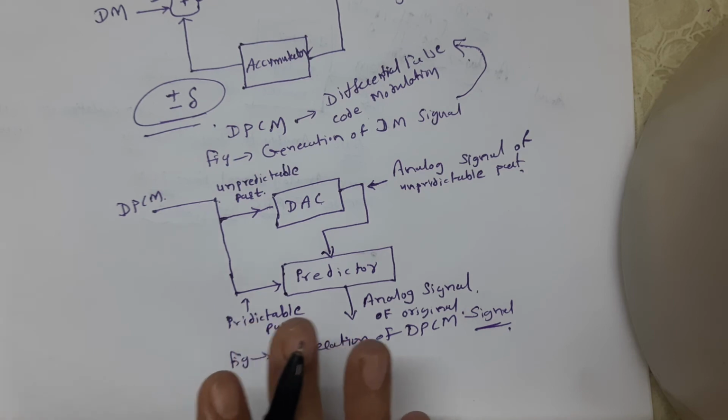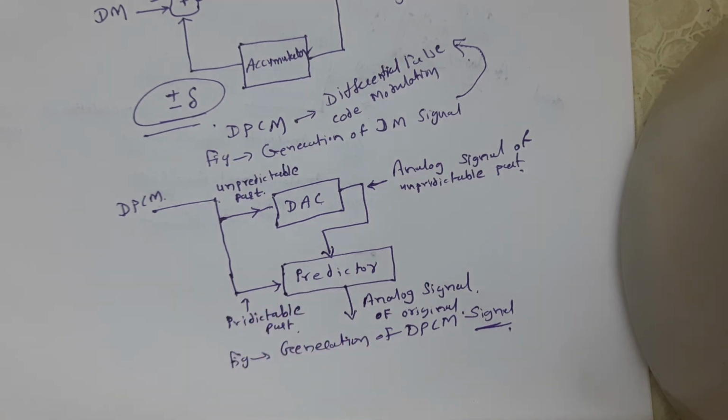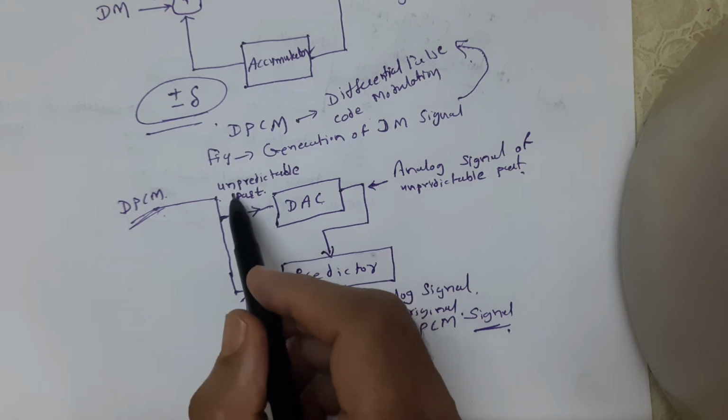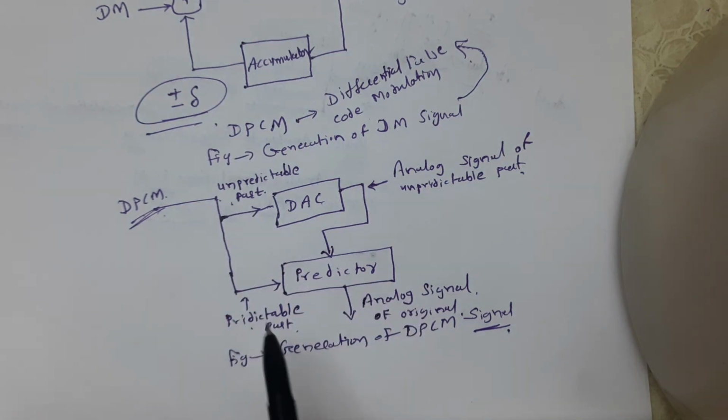I repeat, the reconstruction of the analog signal in case of DPCM is more involved and is illustrated in the figure. The approximate analog signal of the unpredictable part is reconstructed by DAC as in the PCM. This signal is used as input to the block constructed using the predictable part, and the approximate version of the original analog signal is obtained at the output of this block. So this DPCM is divided into two parts, unpredictable part and predictable part.